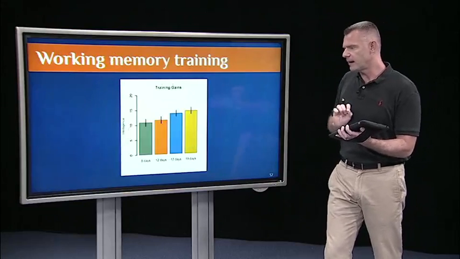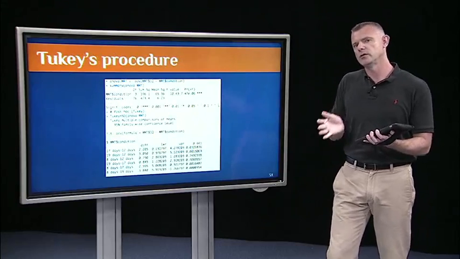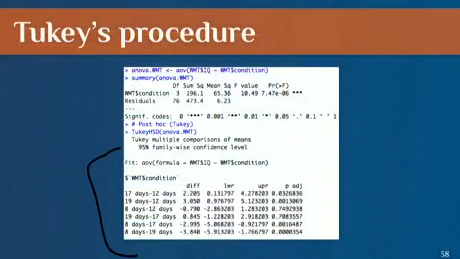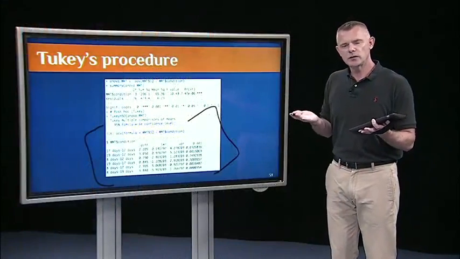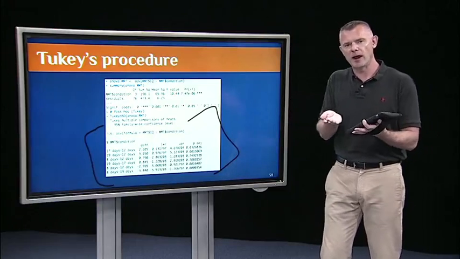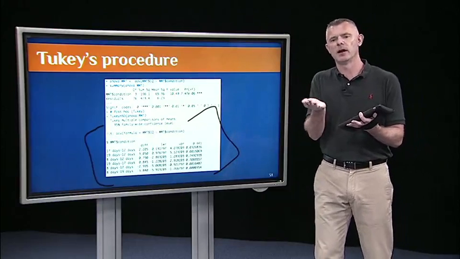So let's look again at this working memory training example. Here is the output I showed you in the last segment, and at the bottom is Tukey's procedure. The logic behind Tukey's procedure is he assumed that what most researchers are going to want to do is engage in all possible pairwise comparisons, so he just corrects for that many comparisons.